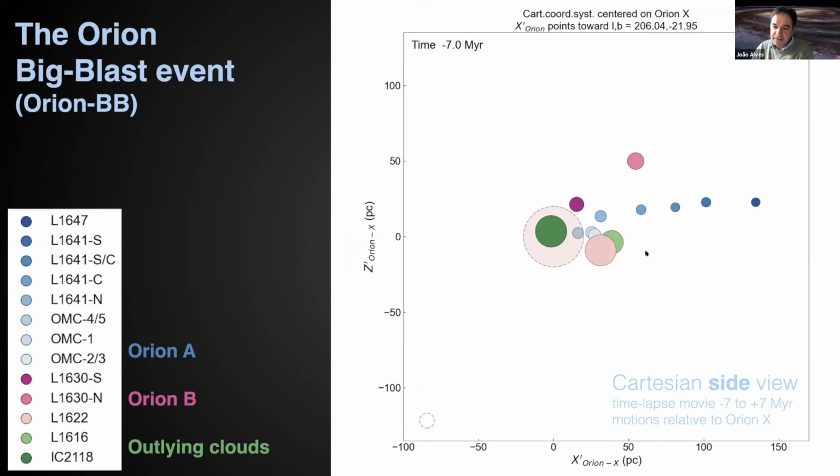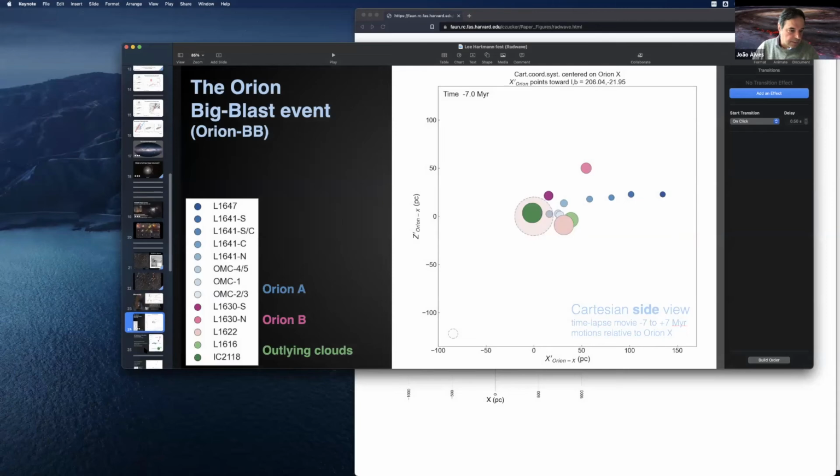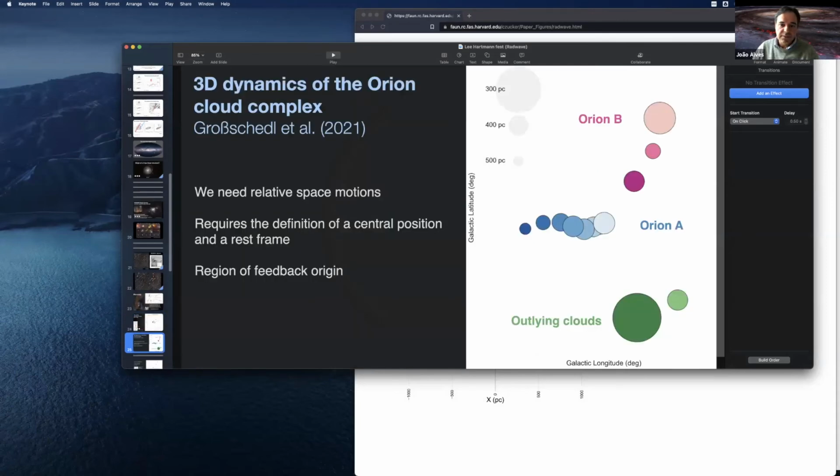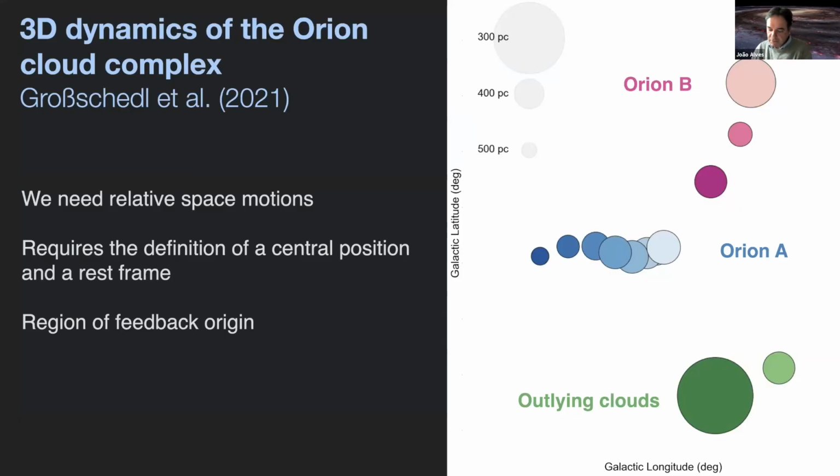What you're seeing here is a slide. Let me just jump. Sorry, maybe this way is better. Here's your Orion, and the sizes. She divided Orion A, Orion B, and the nearby outlying clouds into sections, and the size of the symbols here is distance. So you see that the Witch Nebula, which is this thing here, is very close to us.